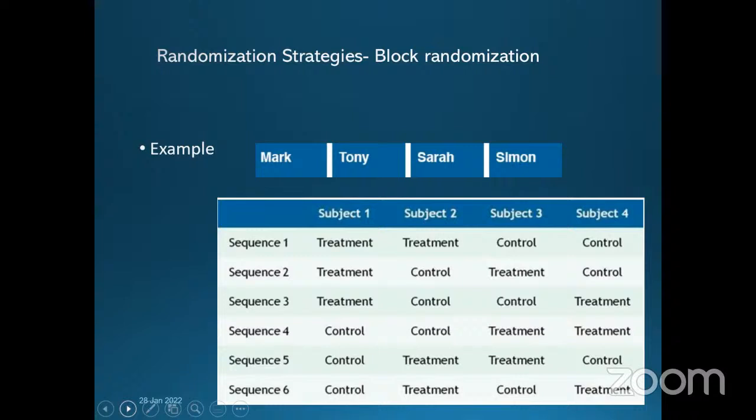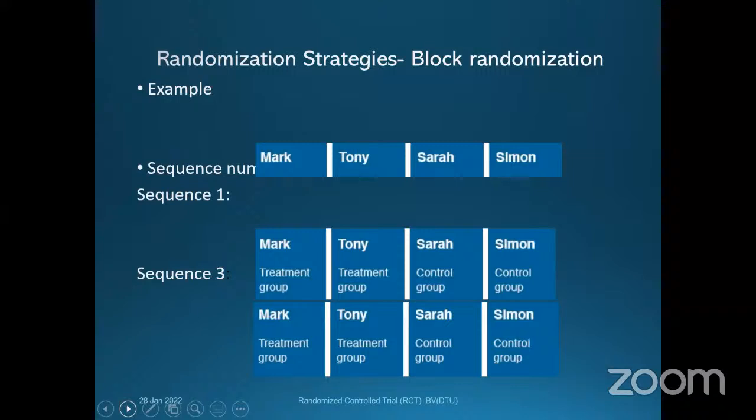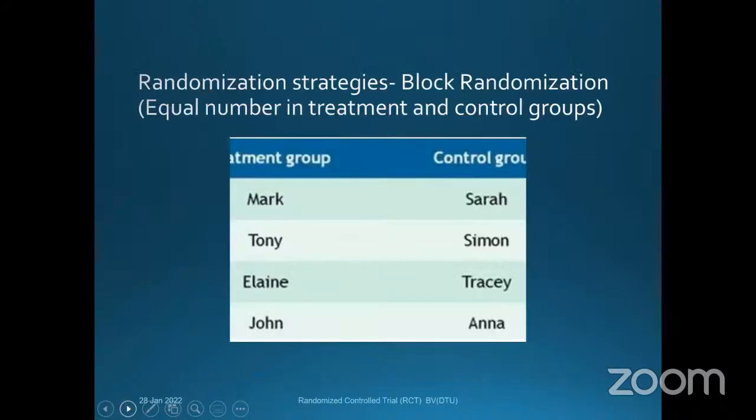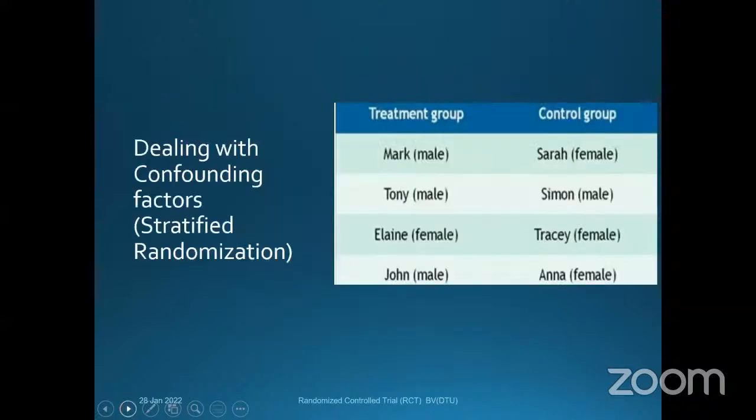When subject 1 comes in the first block, it goes to treatment, subject 2 goes to treatment, subject 3 goes to control, and subject 4 as well. In the second block, the order has been changed, so the subjects entering this second block will have a different allocation. Similarly for the third block. That is how the block randomization procedure goes. You have seen the examples now, and I have explained them to you. So treatment and control groups, equal numbers will occur in block randomization.